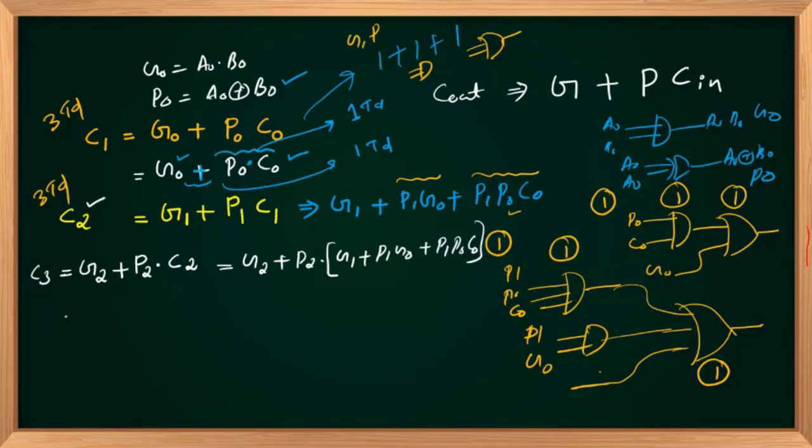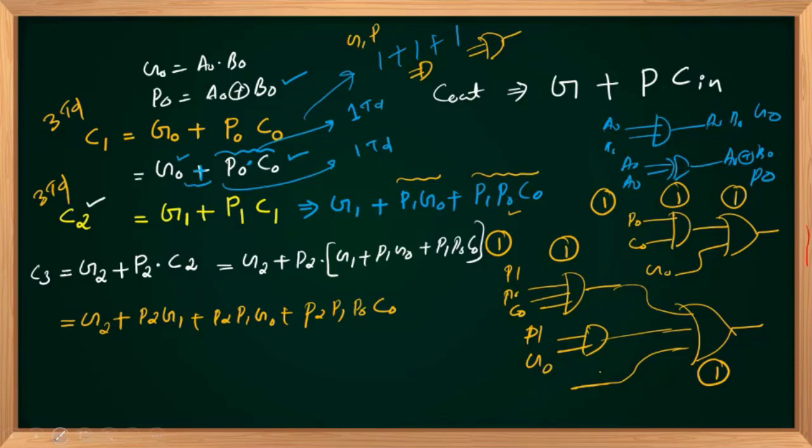right? So that is nothing but G2 plus P2 G1 plus P2 P1 G0 plus P2 P1 P0 C0, right?